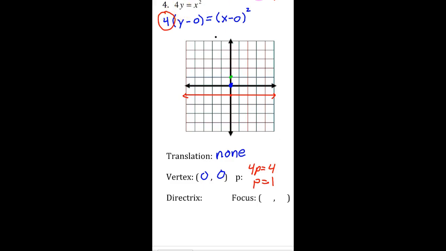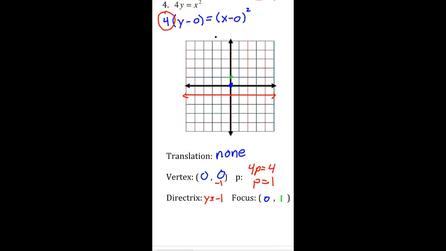So the directrix is down 1, so the y-coordinate of the vertex minus 1 will be -1. The focus is just up 1, so we'll have +1, and of course the x-coordinate is the same as the vertex. These always match.